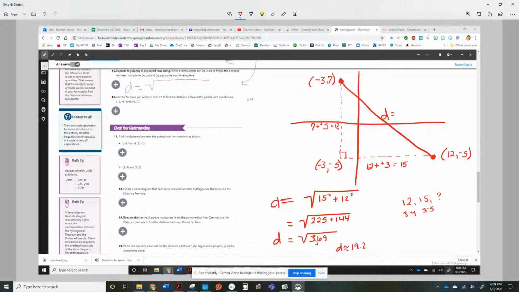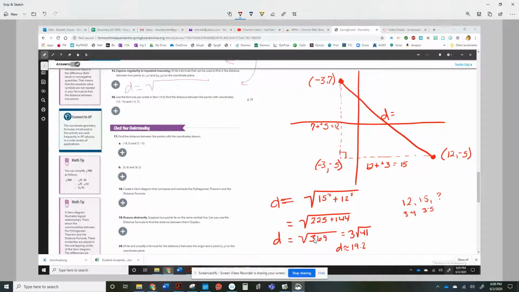Because we could round, which is the most logical thing to do in geometry. But we could also take this number right here and simplify it into its simplest form. And that would look like this. That would be 3 square roots of 41.